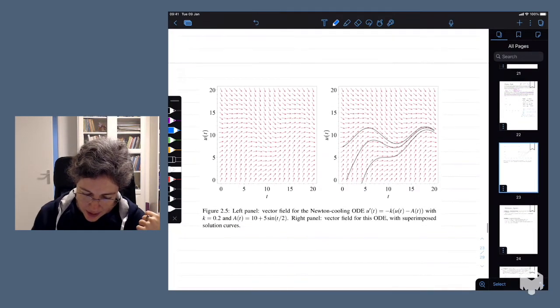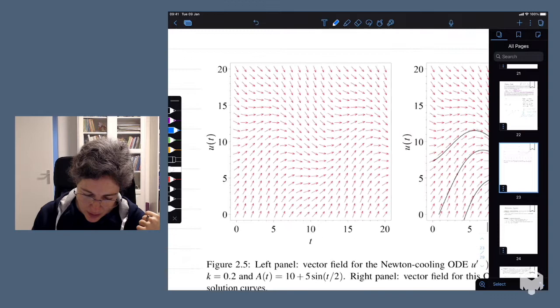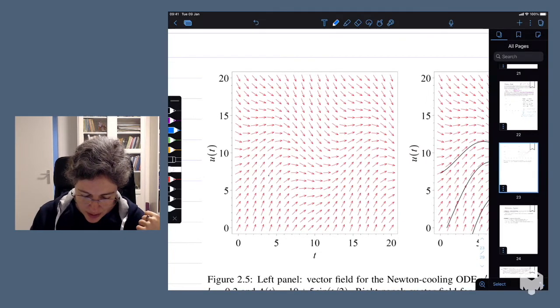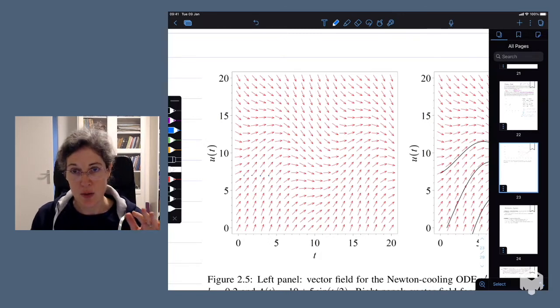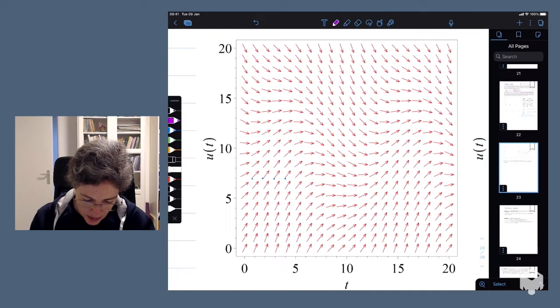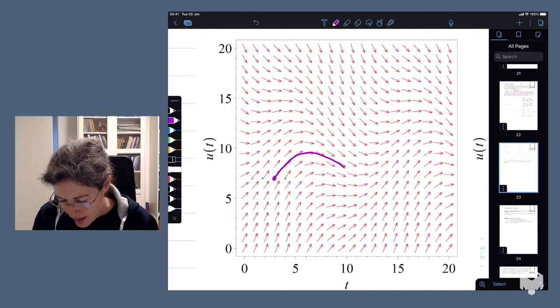Here on this side, a computer has just plotted the value of the derivative at a bunch of different points. And you can start to see, okay, supposing I start over here, then my solution will go up, keep going, and you just keep joining the arrows. I'm going to go down, something like this.